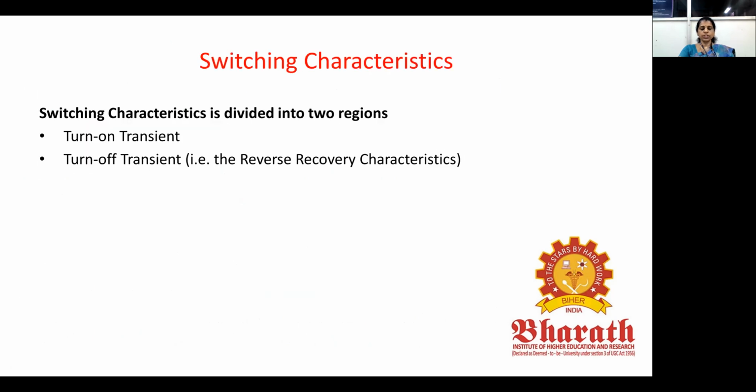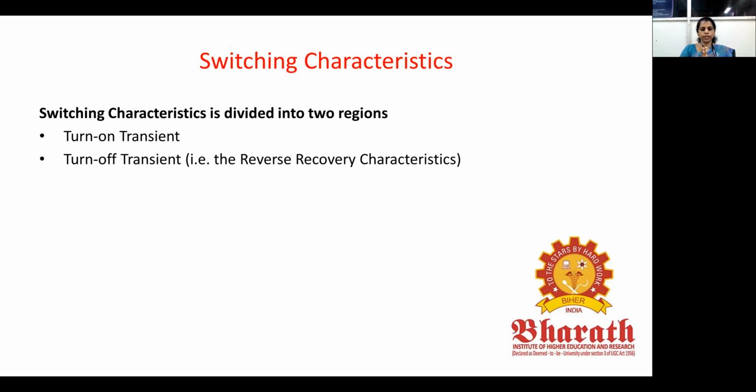And coming to the switching characteristics. What does switching characteristics mean? Switching characteristics is nothing but the turn on and turn off characteristics of the particular device. It can also be said as the dynamic characteristics of the device. Now we will see the switching characteristics of a power diode.